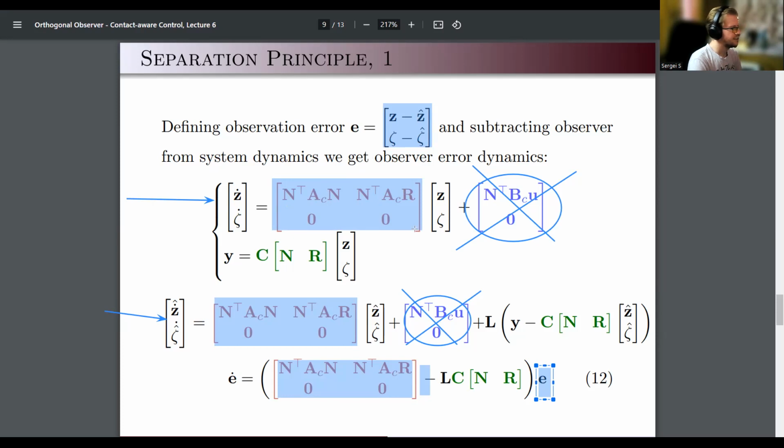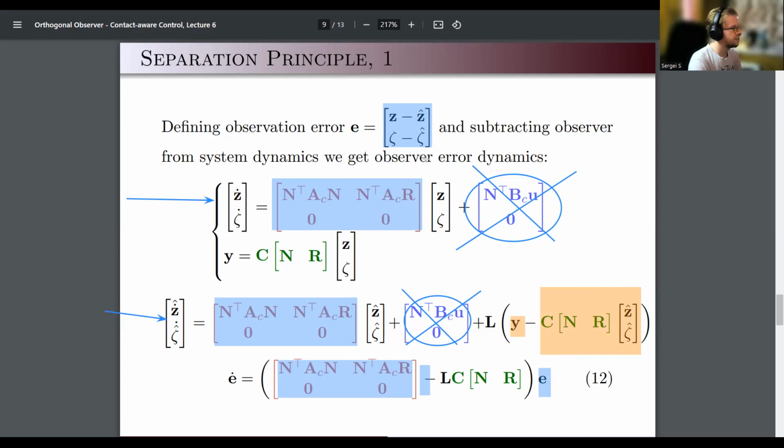Now, the last step is to do something about this. And what we do about this is very simple. We notice that Y can be opened in the exact same way as this, right? They are the same, except Y would have true values of Z and Zeta, whereas this would have estimated values of Z and Zeta.